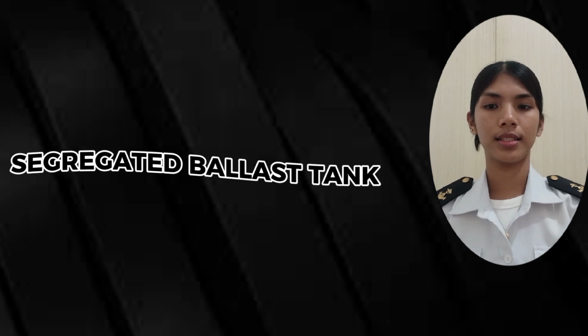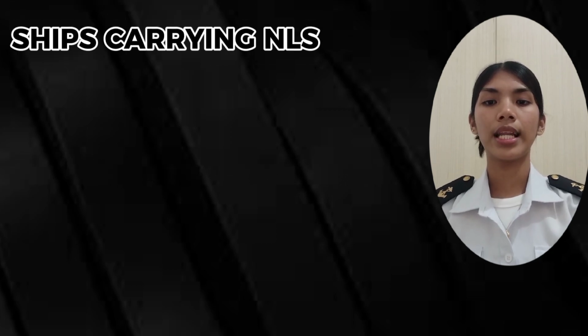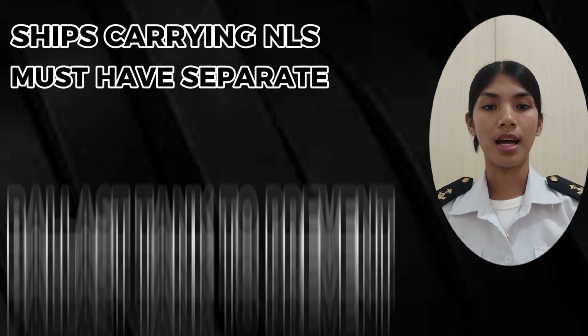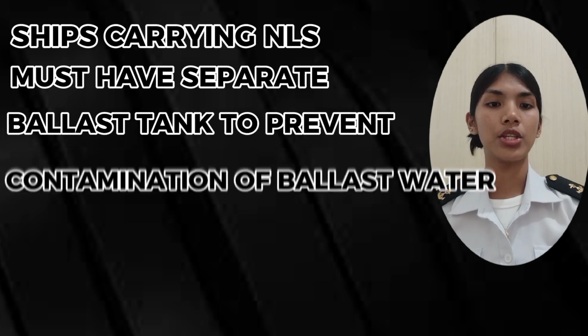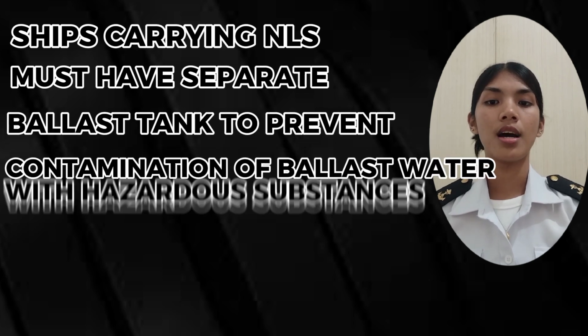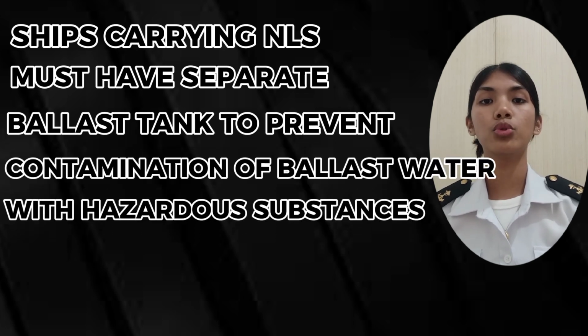Last on the list, we have segregated ballast tanks. Ships carrying NLS must have separate ballast tanks to prevent contamination of ballast water with hazardous substances, reducing pollution risks. For example, a tanker ship has separate ballast tanks.